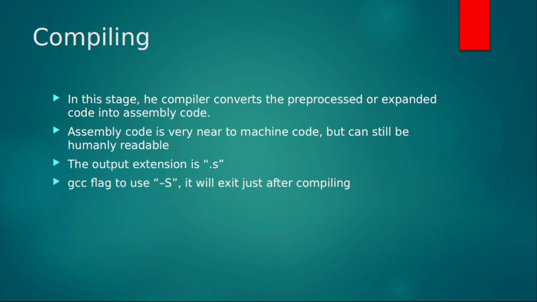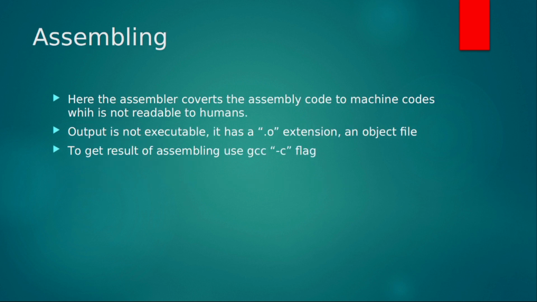So let's continue with our presentation. So the assembling. Here, the assembler converts the code to machine code. So now you begin to have something that will make sense to the computer. That machine code is not readable to humans.